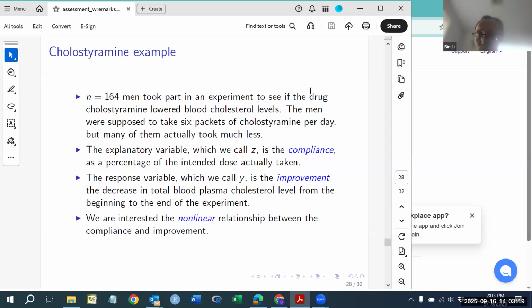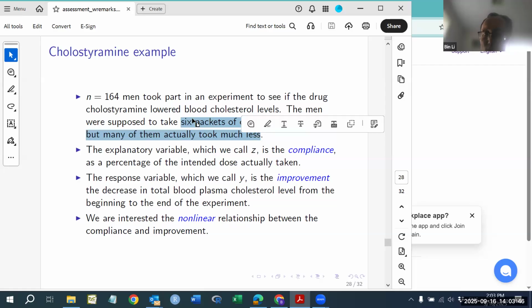So we have 164 subjects who took part in this experiment, and the drug is cholestyramine, which is supposed to lower blood cholesterol levels. The subjects were supposed to take 6 packets of this medication per day, but many of them actually took much less.